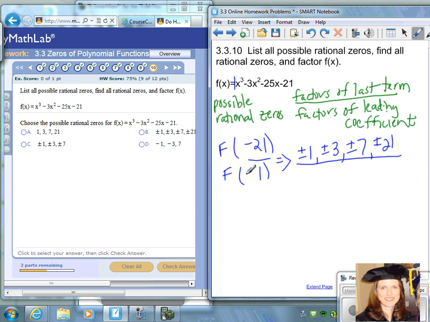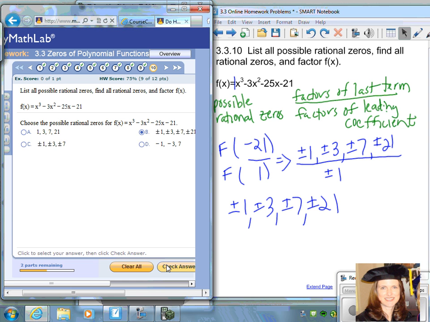And the factors of the leading coefficient are all positive 1 or negative 1. So if you take each one of these and divide it by positive 1 or negative 1, the possible rational zeros are plus or minus 1, 3, 7, and 21. So these are all the possible rational zeros. Now out of those, we want to choose which ones do give us the actual zeros.